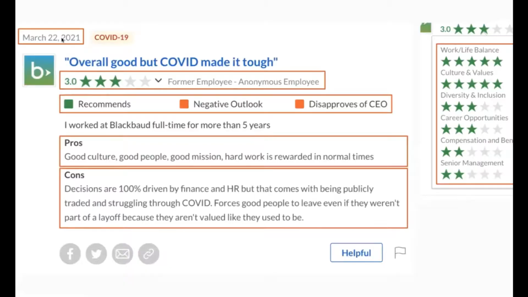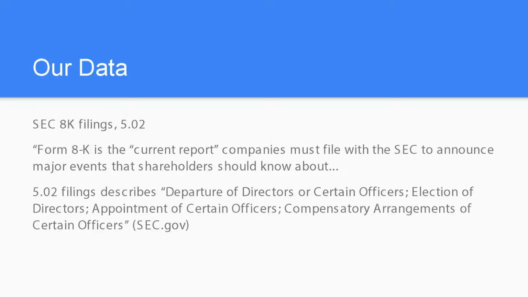So here is a Glassdoor review example, and we've parsed out from the HTML the date, all of the sub ratings, the overall rating, what kind of employee it is, and then obviously the text review here, and the answers to the 3 questions that they ask people when they review. They have also put this COVID flag in Glassdoor recently, which I think is kind of interesting.